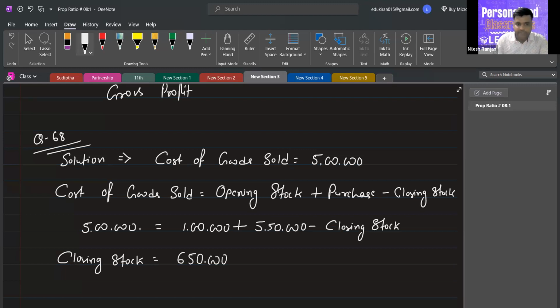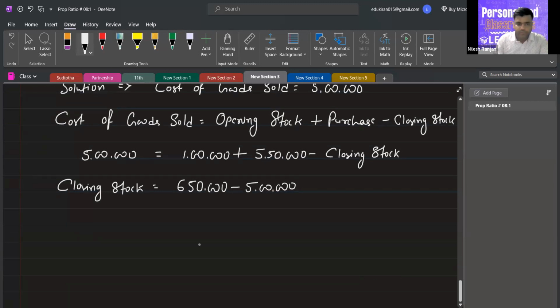And we will take this 5 lakh to the right side, so it will be in negative form. So 5 lakh. Our closing stock equals 1,50,000. Okay, so now we can calculate average inventory. Average inventory equals opening stock plus closing stock divided by 2.